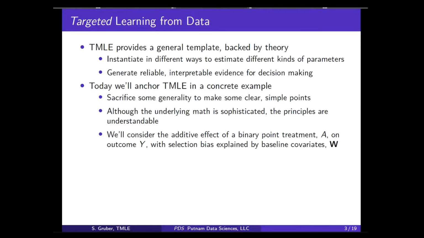When I'm done, my hope is that you'll get how it works, and then you'll say, oh yeah, I see how that would work if we have correlated data from different sites or different physicians. Or I see how that would work if I had missing outcomes. You would just extend these simple ideas to these more complicated settings. But for today, we're just going to stay in this very simple framework because, as I say on the slide, the math is going to be sophisticated, and there's no point in looking at that, but the principles are very understandable. So that's what we're doing today.